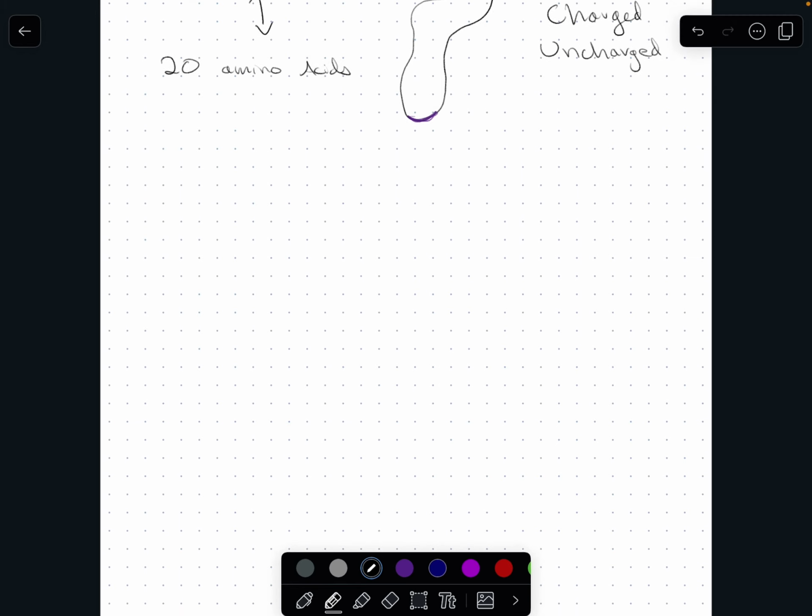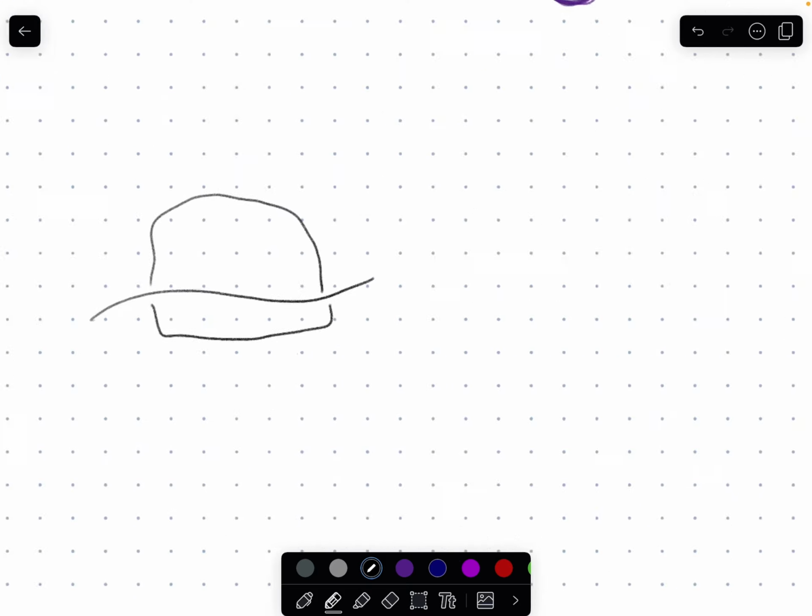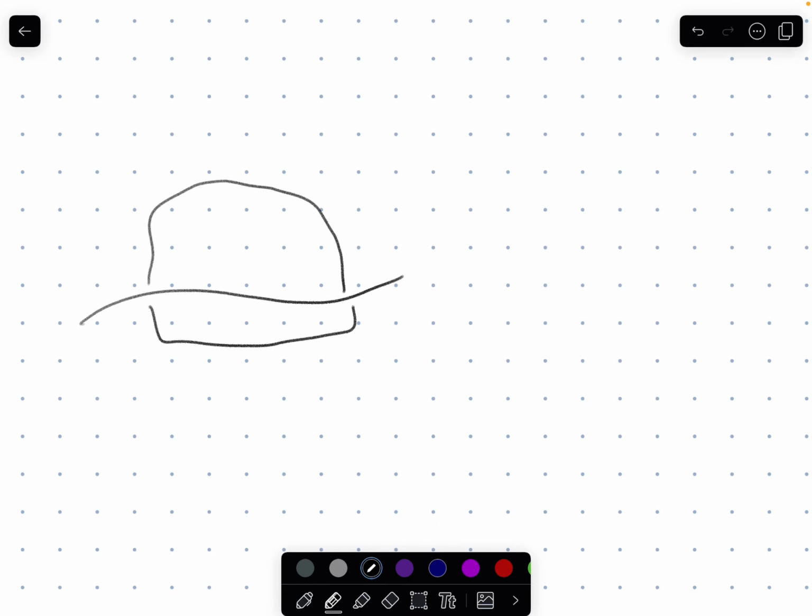Now your mRNA is a little strand, and your ribosomes, what happened is, it's built of two parts, right? We have the large unit and the smaller unit, and there are two places for your tRNA to sit in them.